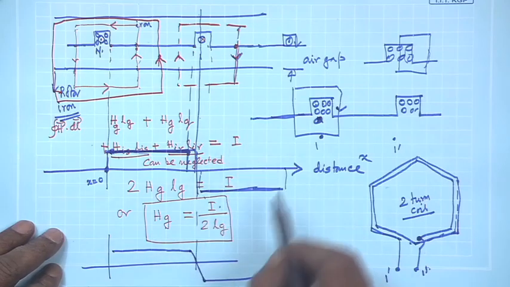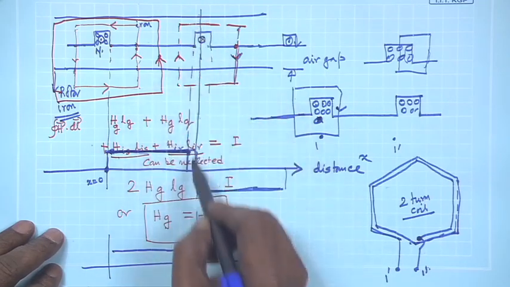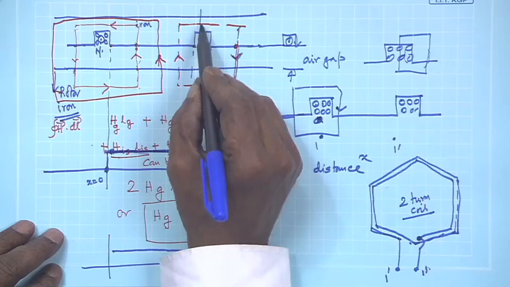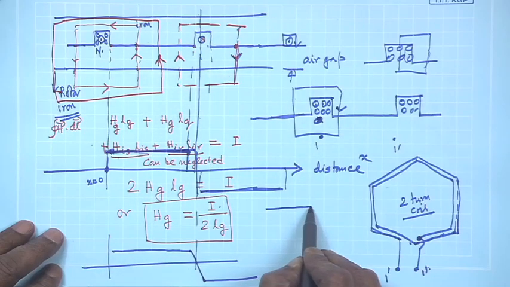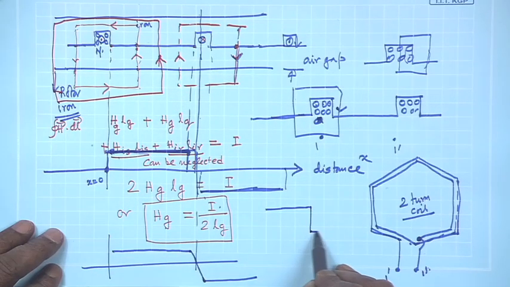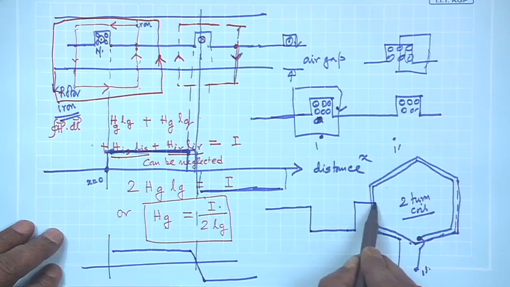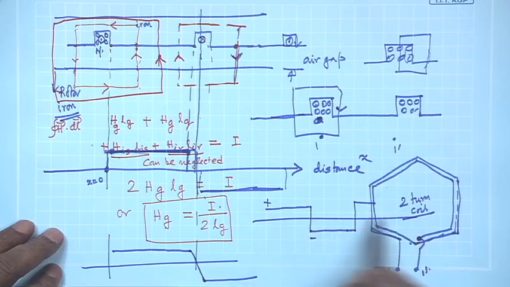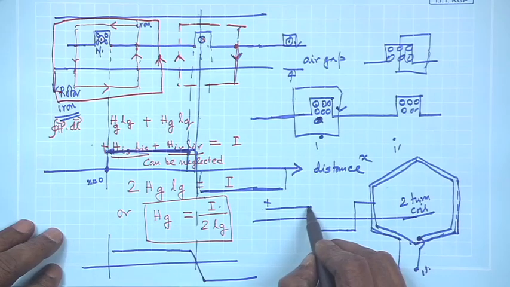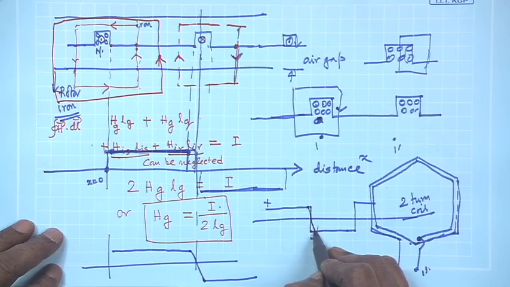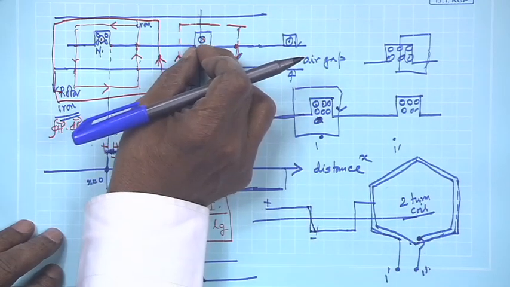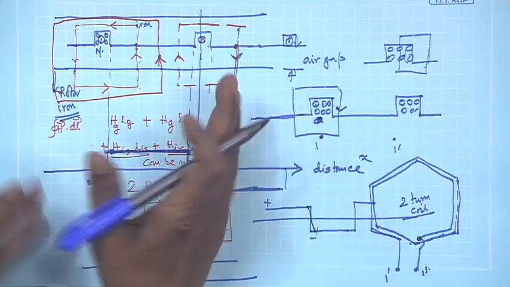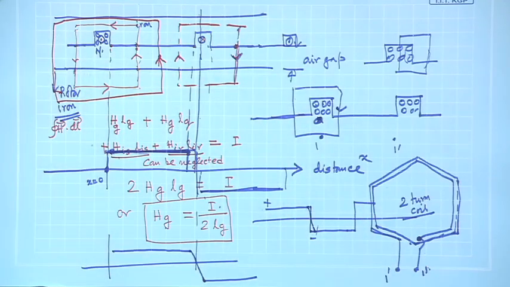So, instead of that, what people do, that discontinuity you forget, at the center of this slot make the change, that is how you show the H distribution. It is after all from positive value going to negative value along the distance. So, this one, whether it is doing slightly like this, because the slot width is much smaller compared to the pole pitch of the machine.